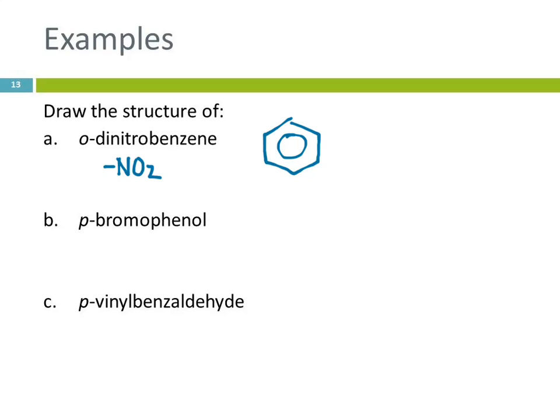Ortho tells us the relationship. I find it easiest to always put one on the top, even though you don't have to. And then that's the principal, and so ortho would be the next one over. And you could draw it on the right side, or you could draw it on the left side. I prefer to go clockwise. So this is ortho dinitrobenzene.